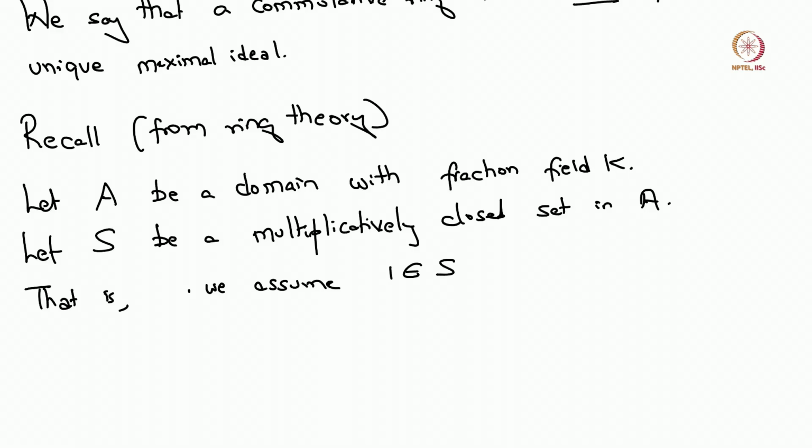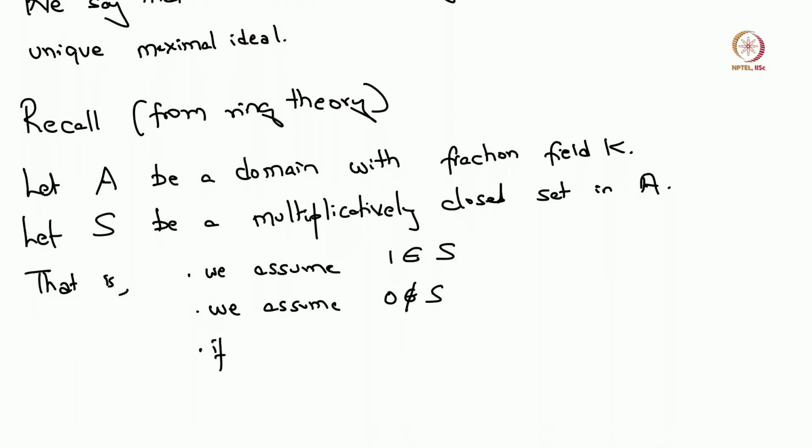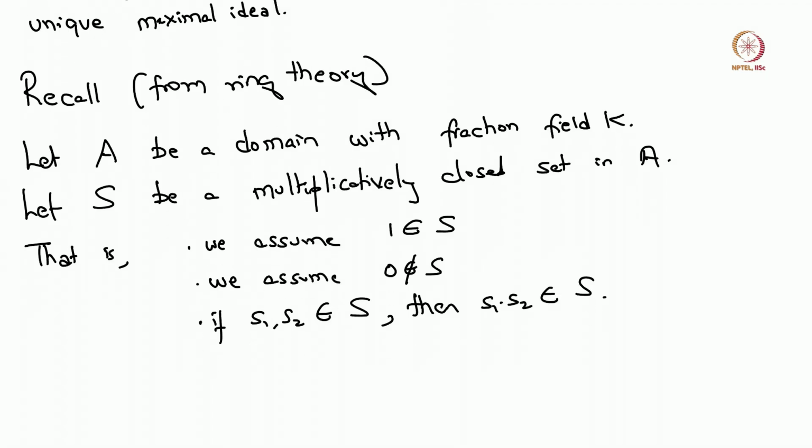Our assumption is that 1 belongs to S, and we assume that 0 does not belong to S. And if you have two elements, say S1 and S2 in this set, then their product also belongs to S. Okay.